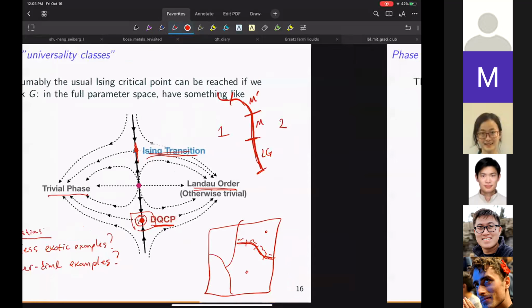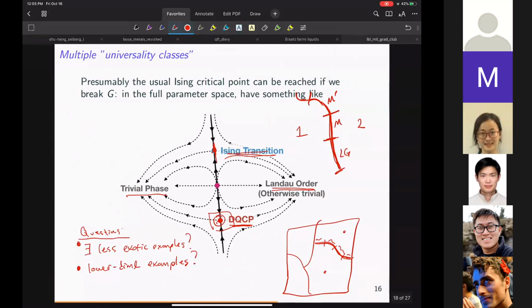So this is kind of the last half of the talk that I didn't get into. The thing with this G symmetry is as follows. The flow that I've been describing that goes through this DQCP assumes that you have this symmetry.